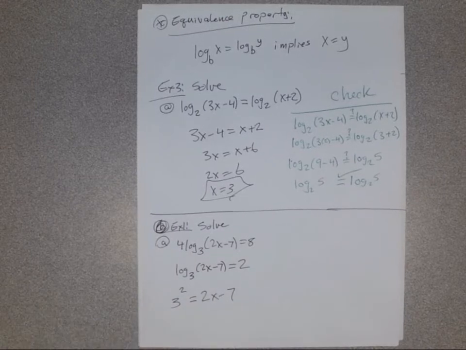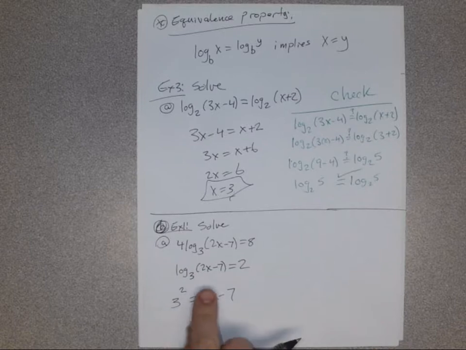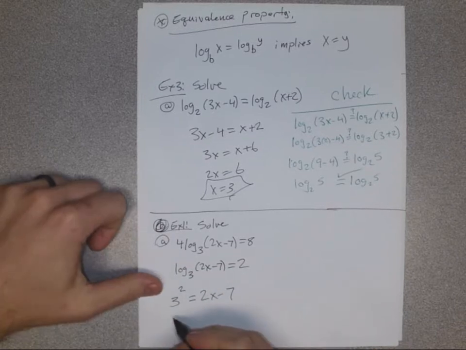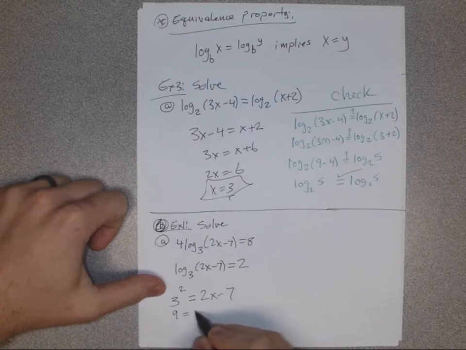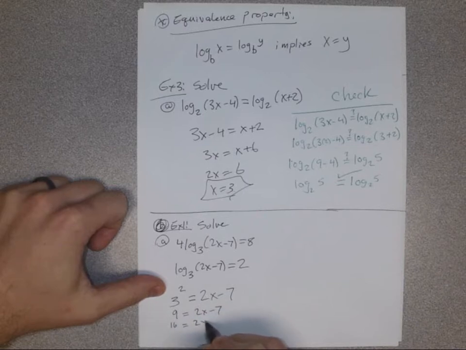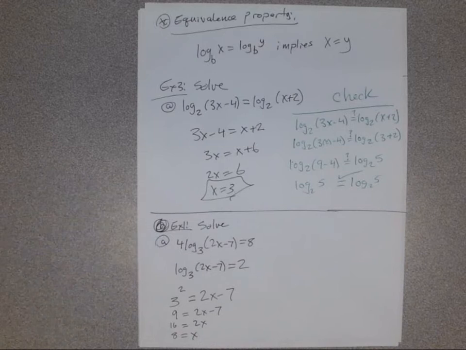And this is going to work because we got this x out from inside of that log, and it's just algebra from this point. So we get 9 is equal to 2x minus 7. Add 7 to both sides, gives you 16 is equal to 2x. And divide both sides by 2. So x is equal to 8.